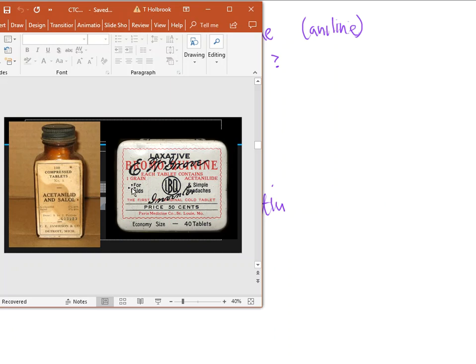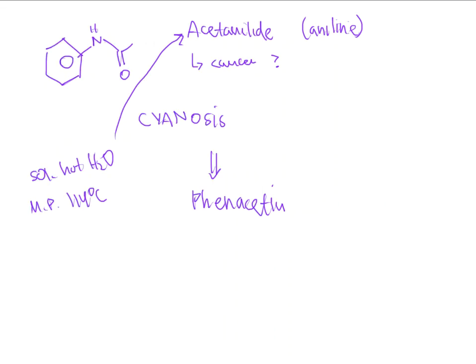Acetanilide for colds and simple headaches. The first and original cold tablet for 50 cents. And you get 40 of them. Whoa. All right, so that's a little bit about acetanilide, and this is a structure that you might have in your unknown drug component.